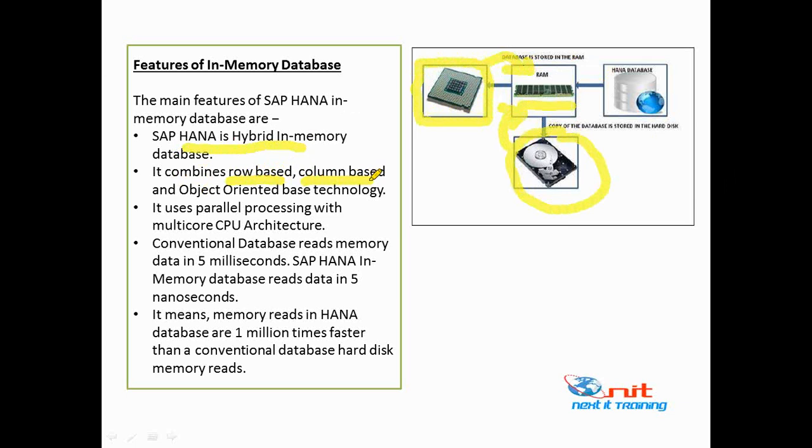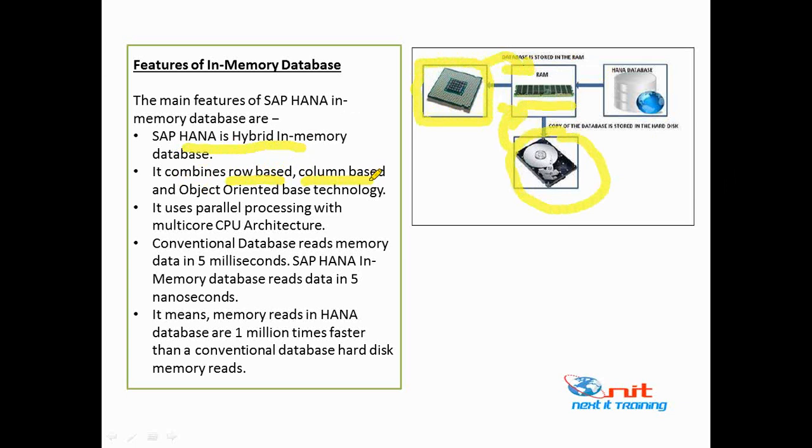When it comes to software, the most important thing is the data will be stored in row-based and column-based. So we just keep that in mind, row-based and column-based. We'll see what exactly that is. This row-based and column-based, with additional features like compression, we'll see in our next slides.